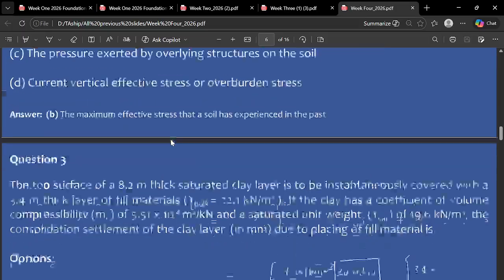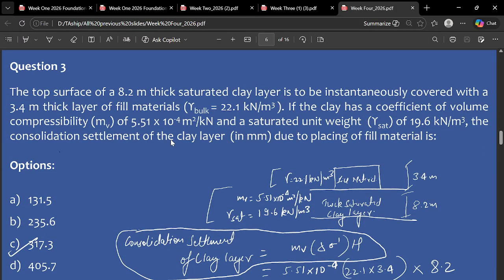Then some of the questions link with how you take into account the settlement which is happening due to the consolidation. If you are given how much is the change in the effective stress which has happened due to some external load, you can take that into account.